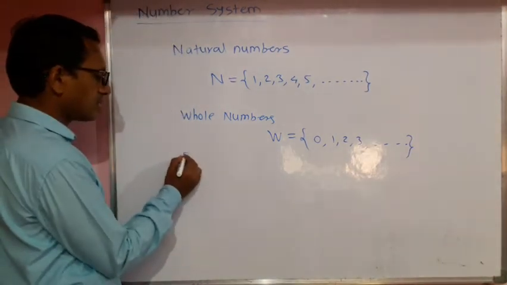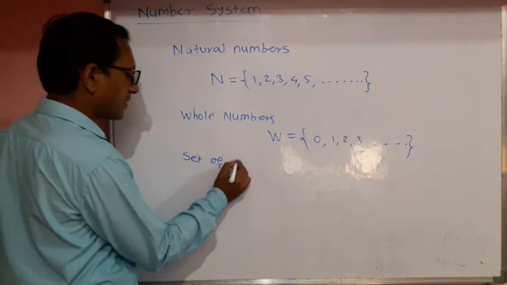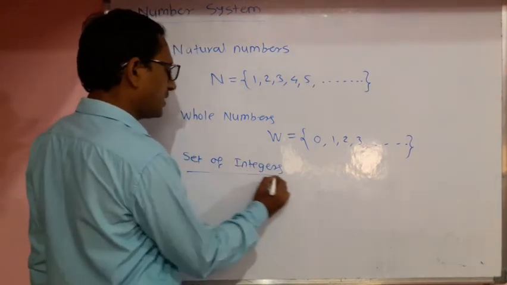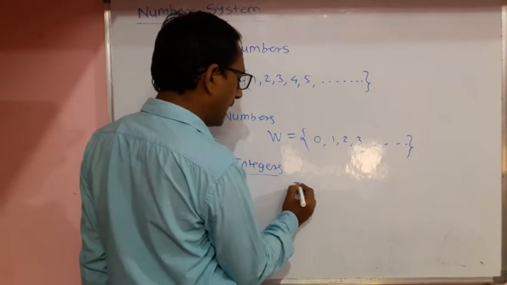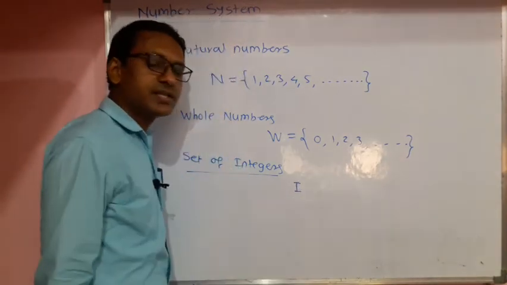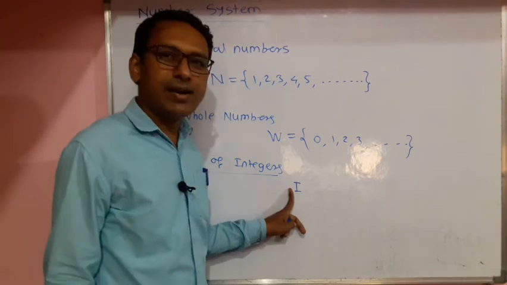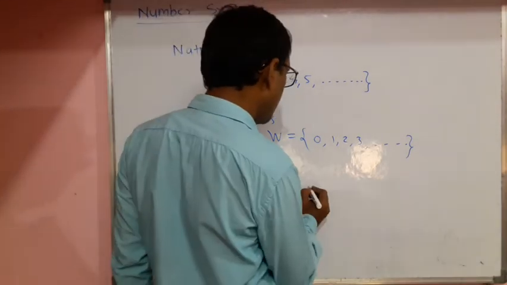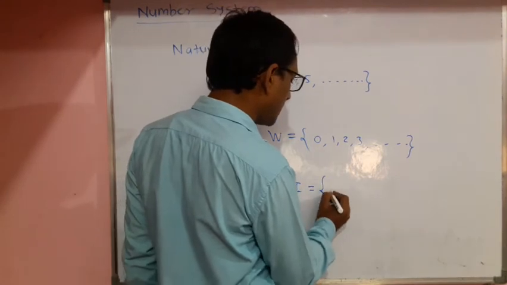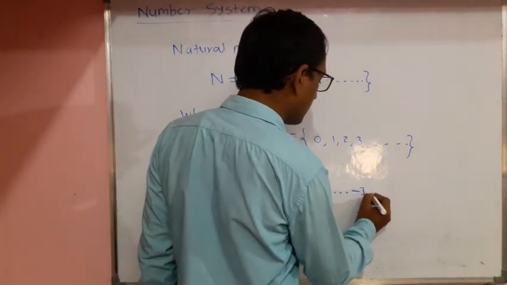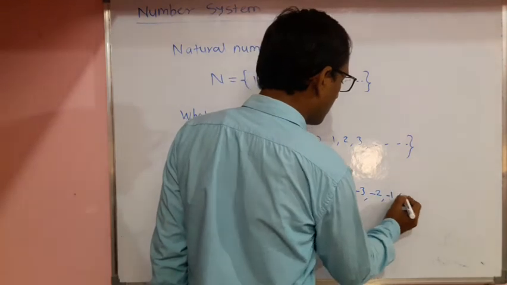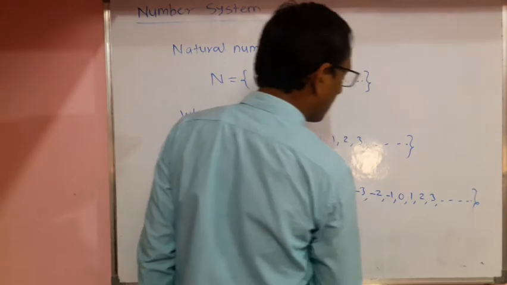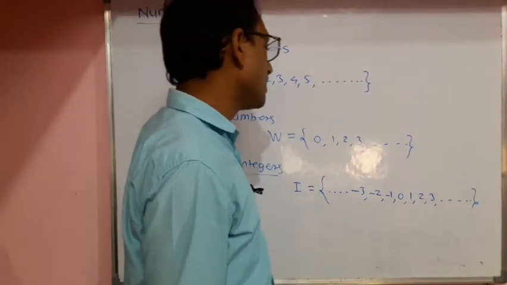The next set we have to see is the set of integers. The set of integers is represented by I, or in some books it is represented by Z. The set of integers contains all the negative as well as positive integers.